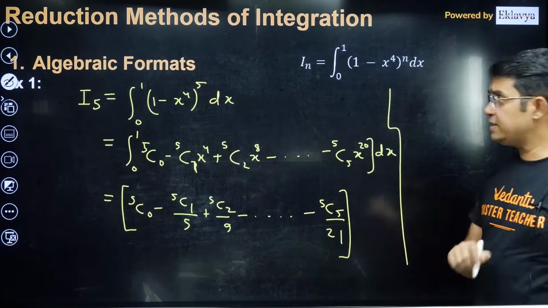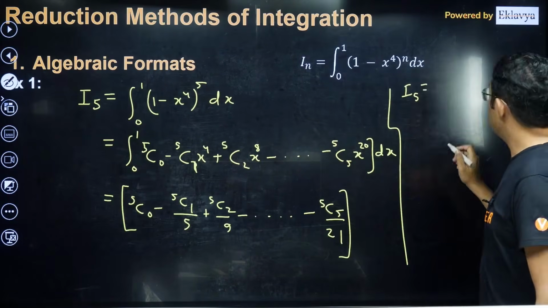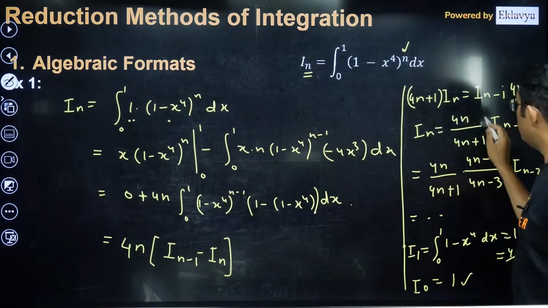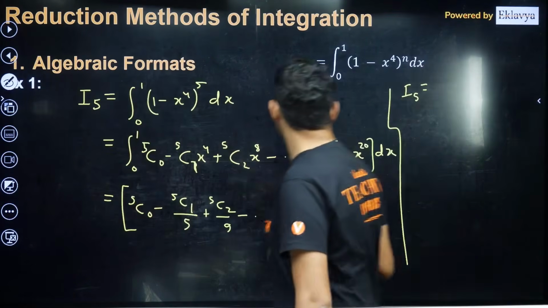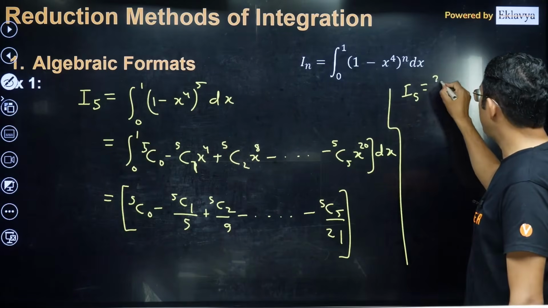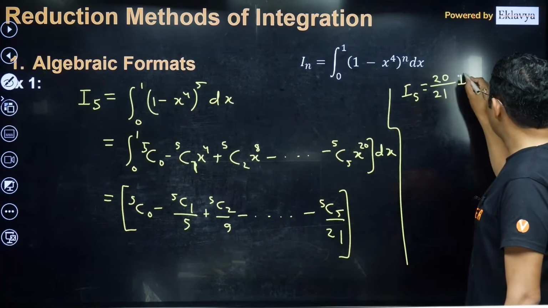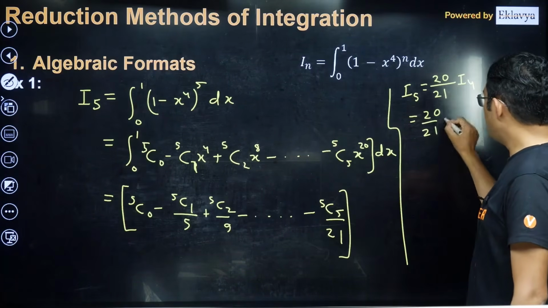But as I was telling you, suppose this is I₅. As we have seen in our previous slide, Iₙ is 4n upon (4n plus 1) into Iₙ₋₁. So 4n means it will be 20 here, 4n plus 1 means it will be 21 here, into I₄. Now if I have to find I₄, I can do it again.